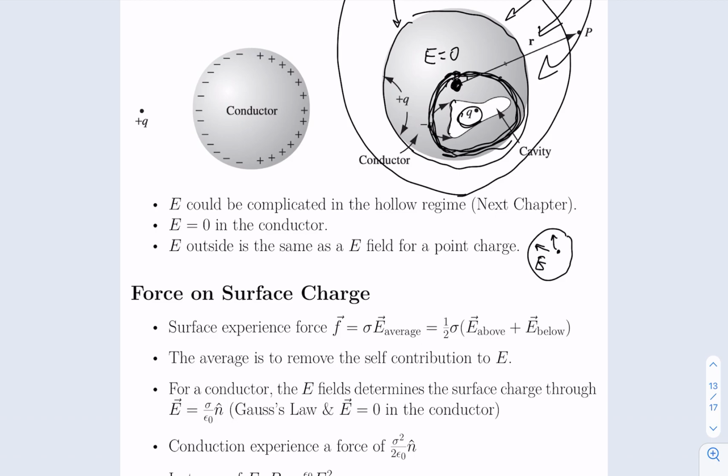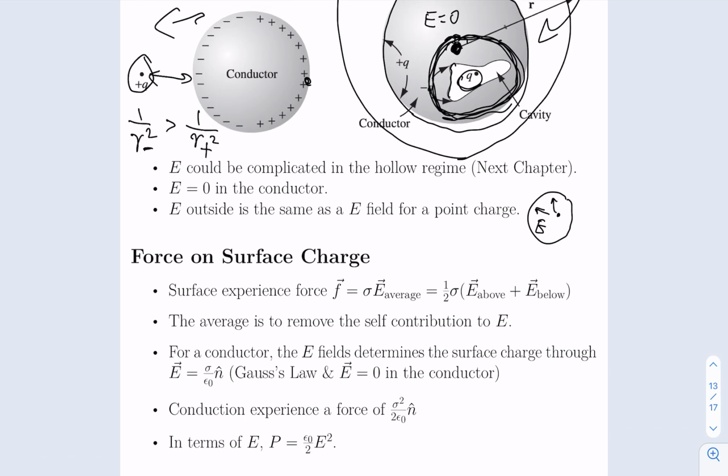Because the negative charge is closer to this positive charge, so if you calculate this, 1 over r squared for the negative charge must be larger than 1 over r squared for the positive charge. This means that the force exerted by this point charge must be an attractive one, and it will attract the conductor to the charge.